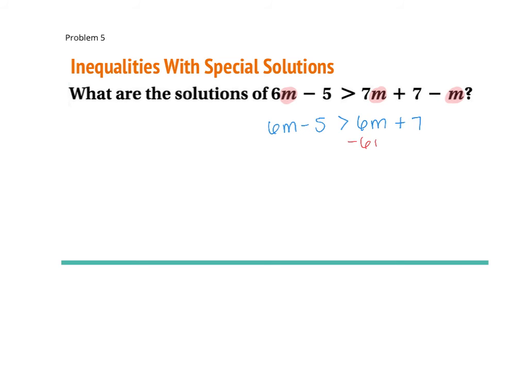We're going to subtract 6m from the left side, subtract 6m from the right side. We get negative 5 is greater than 7. Now, this is not a true statement, okay? Negative 5 is not greater than 7. So therefore, m has no solution.